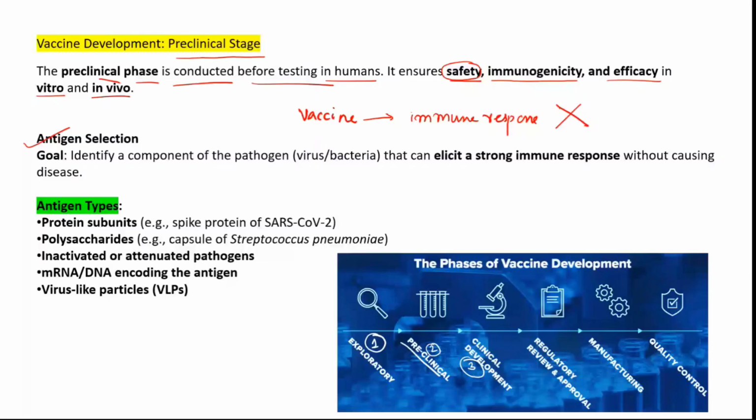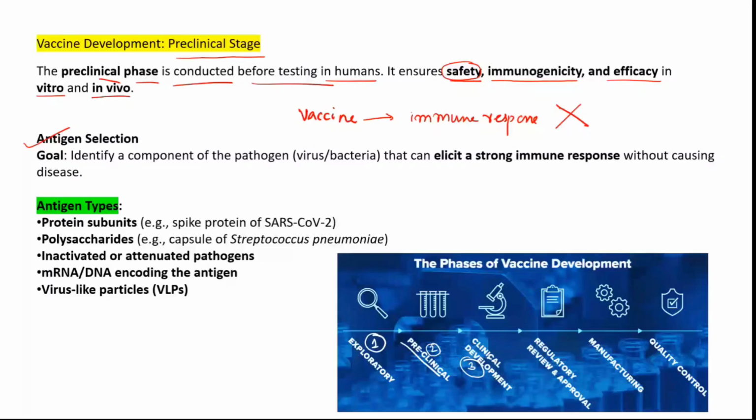You can write it down in your notebook. Okay, so these are the different steps. The third one is clinical development, and the fourth one is regulatory review and approval.